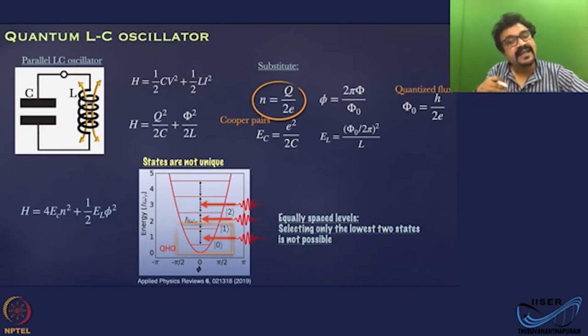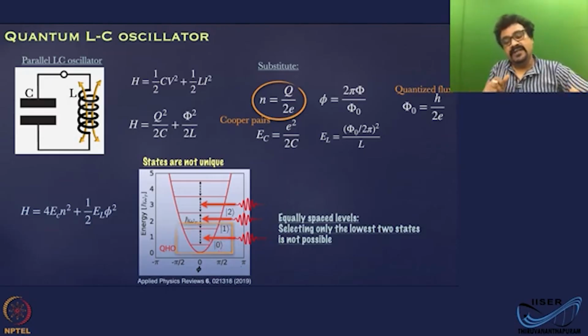The difference is that n is a discrete number, not a continuously varying quantity, but we will soon change that to a continuous quantity, just wait for that. For the time being, let us focus our discussion on phi versus energy, and that is a parabola. And these are energy states 0, 1, 2, 3.